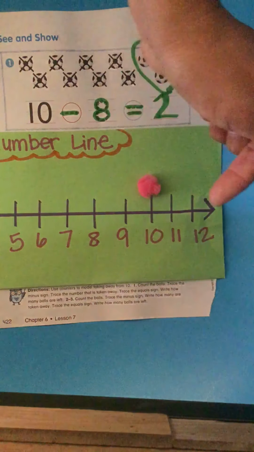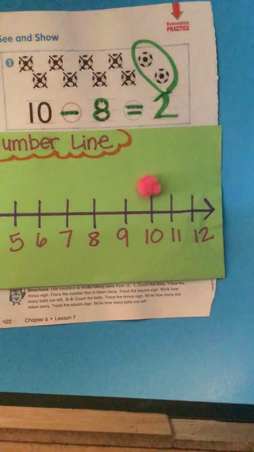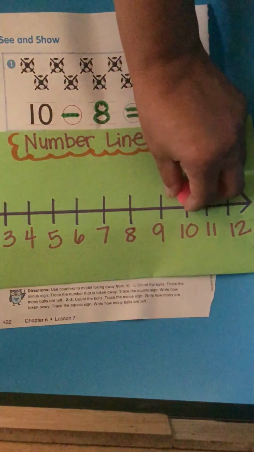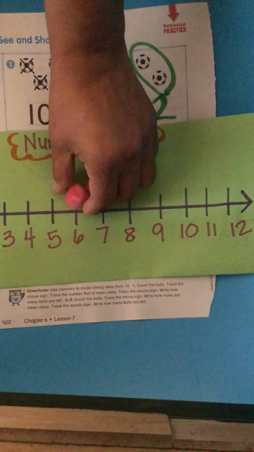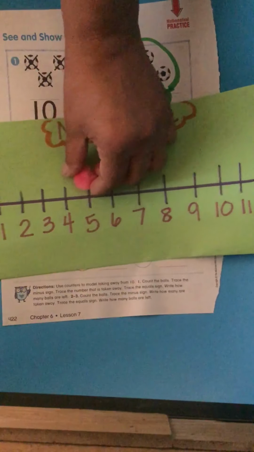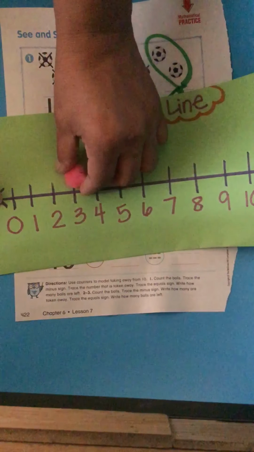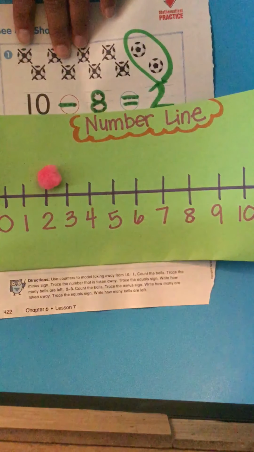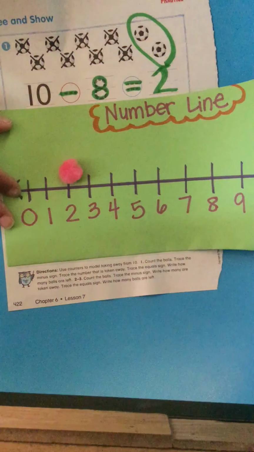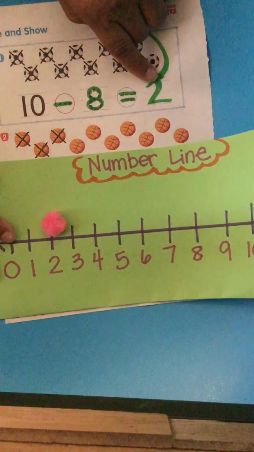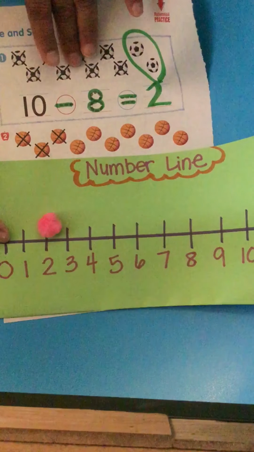Not anymore. We're going back. So let's do 10. Ready? Help me count back 8. Go. 1, 2, 3, 4, 5, 6, 7, 8. We did it. 10 take away 8 is what, boys and girls? 2. See? Same answer, different ways.